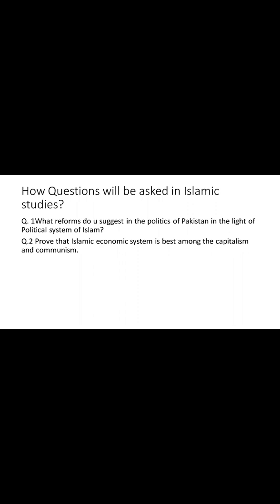For example, there is a topic in the syllabus, the political system of Islam. He would not be asking you directly, what is the political system of Islam, explain its features. What he would be asking is that you make it relevant to practical life. He would give you a problem, and he might ask you for solutions in the light of Islam, and you have to be very concise in this.